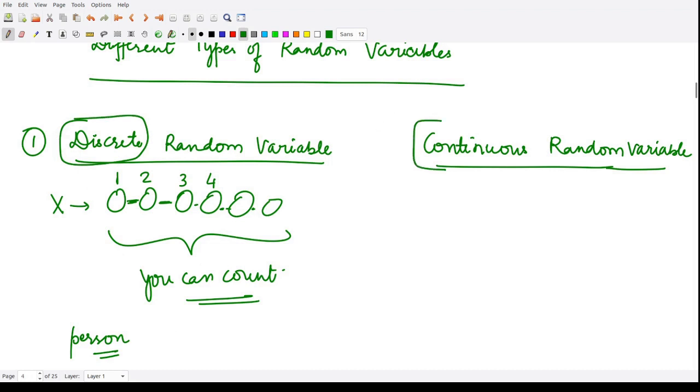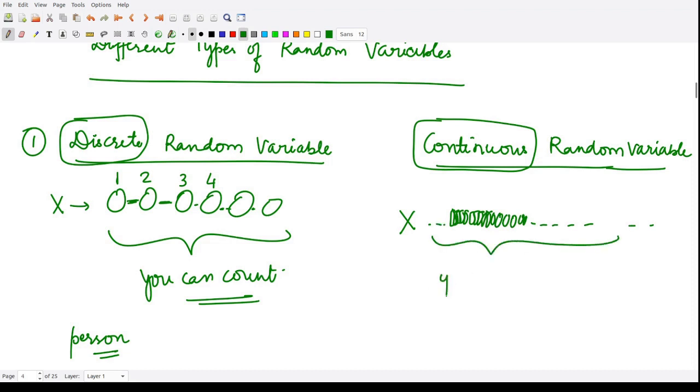Whereas whenever you are talking about continuous, that means for x we have all the values lying very close to each other. In this case we can say there are an infinite number of observations, so you cannot count the observations here.